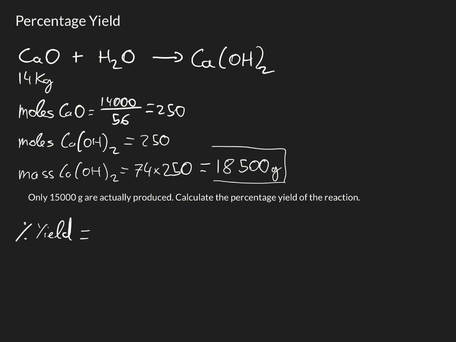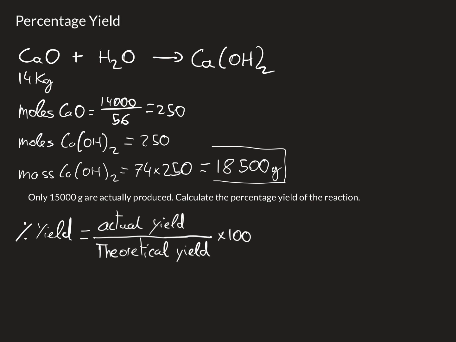The percentage yield is defined as the actual yield divided by the theoretical yield, but it's a percentage, so times 100.